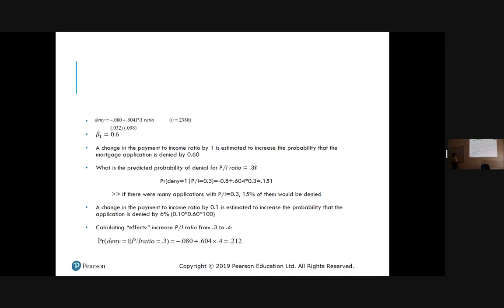And when we estimate beta 1, this is the difference in the predicted value of y. Here, instead of having y, we have the difference in the probability that y is equal to 1. And this is the predicted probability when x increases by 1, and this is beta 1 in our linear probability model. So the interpretation is the difference in the predicted probability when x increases by 1.